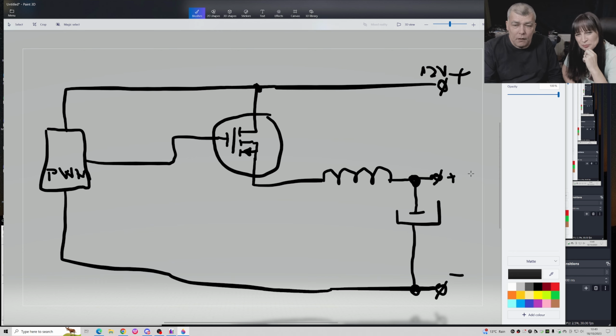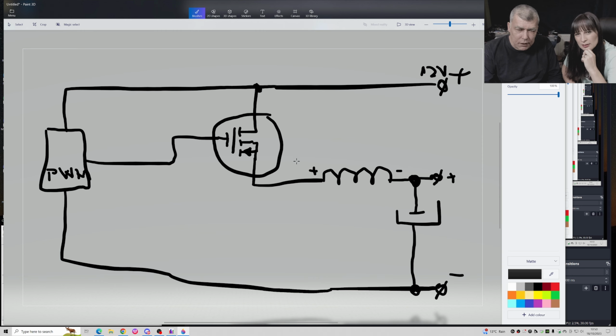I will have from 0 to 12 volts here on the output. But this is just a basic PWM power supply. This is not a switching one. This is charging the coil, but how is the coil discharging? You charge the coil with this plus, so it will be plus and minus here.